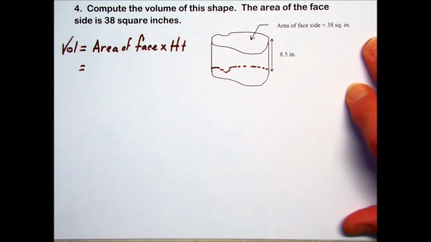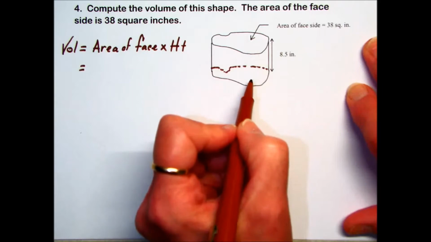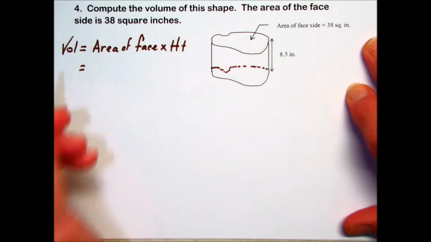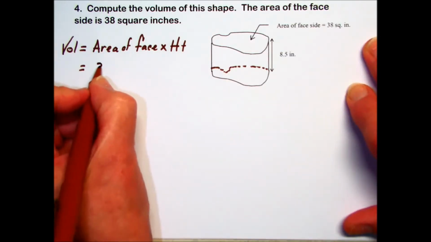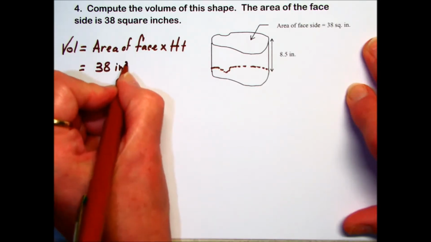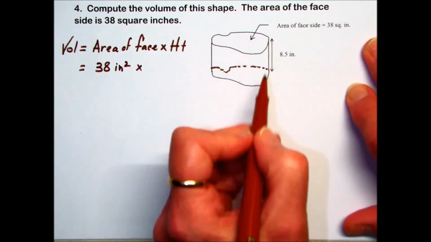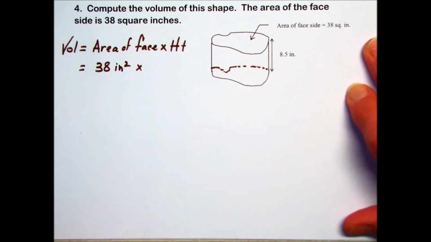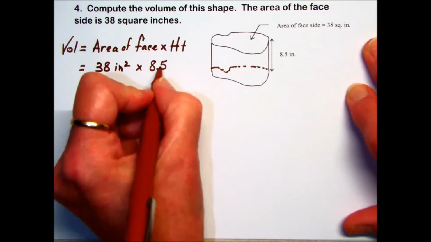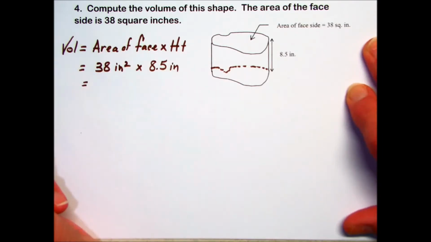because they're giving us the area of the face, the assumption is that there is an equal size and shape directly opposite of that. They've calculated this irregular shape for us and given us the value, 38 inches squared, that we will times by the distance between those two same size shaped faces of 8.5 inches.